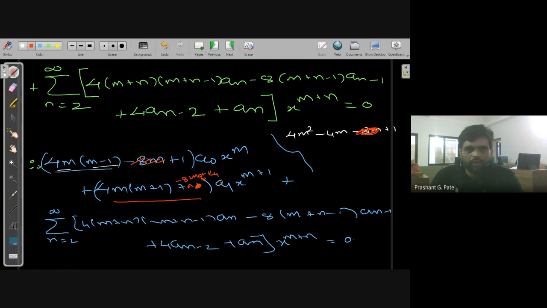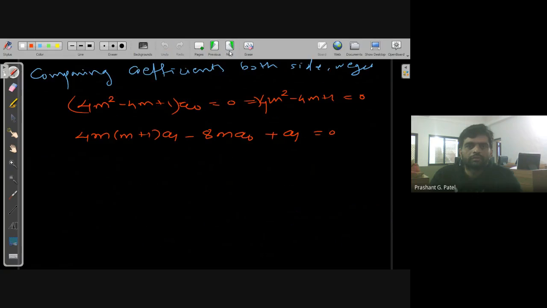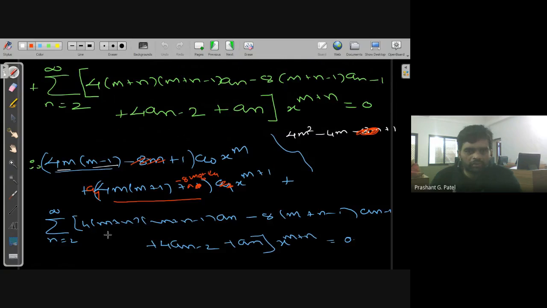A1 is common, not a0 also, a1 also. This a1 will come here. So we have this, the things. And the last one, this coefficient, the whole thing will become 0.